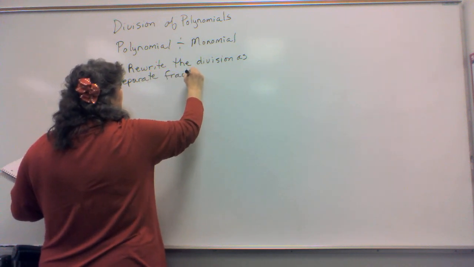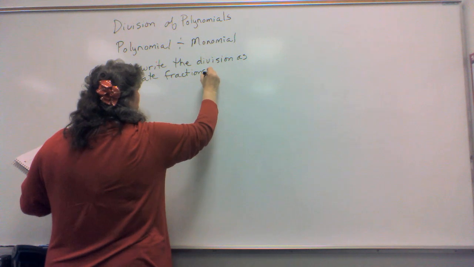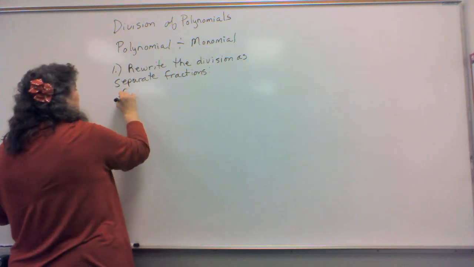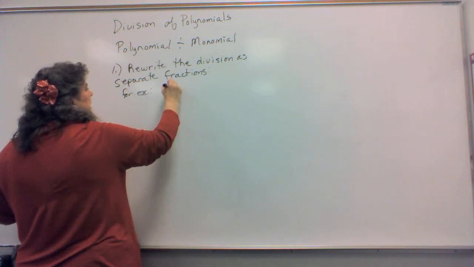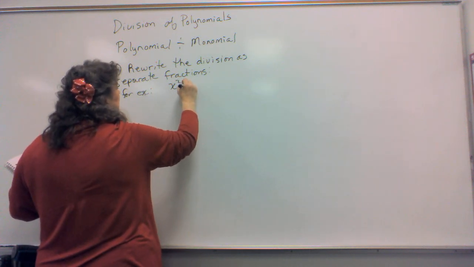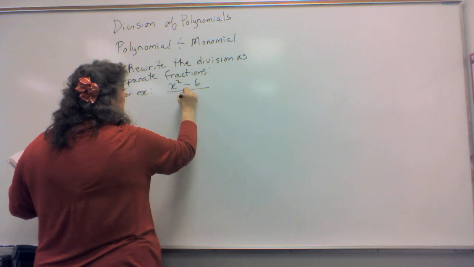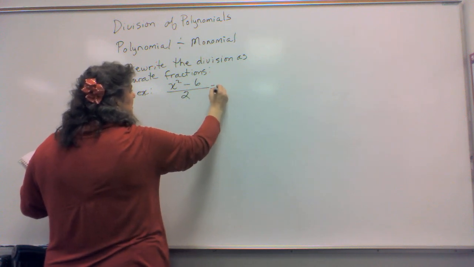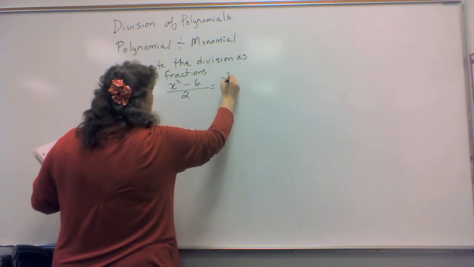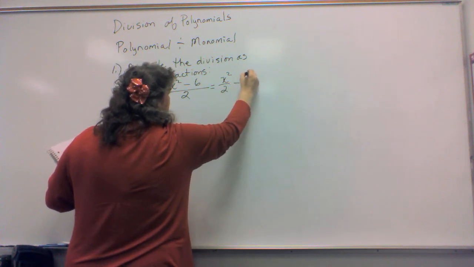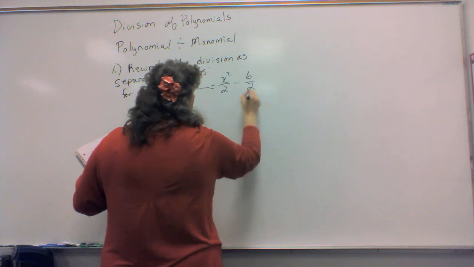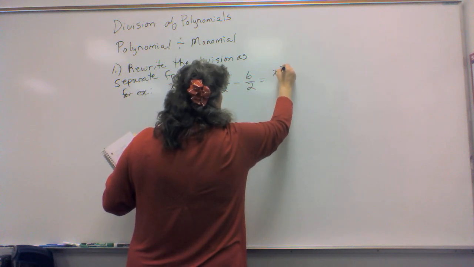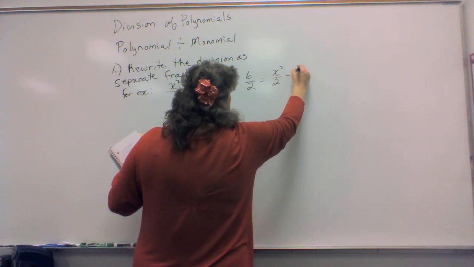For example, if I have x squared minus 6 divided by 2, I can rewrite this as x squared over 2 minus 6 divided by 2, which will simplify to x squared over 2 minus 3.